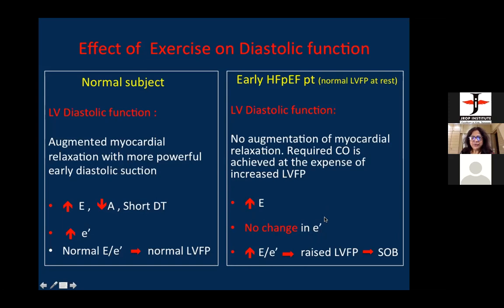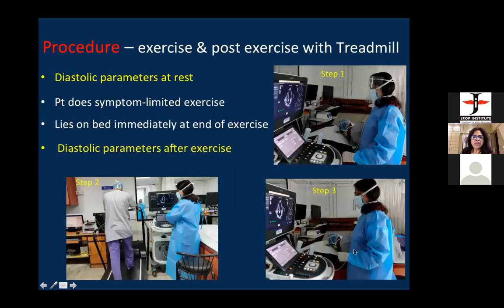So if E is increased and E prime is not increased, that will indicate raised LV filling pressure. And because of raised LV filling pressure, shortness of breath. And we do this in 3 steps. Do you want to know this? That was clear, ma'am.